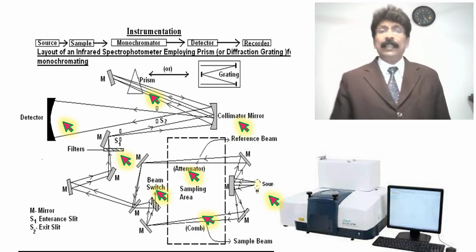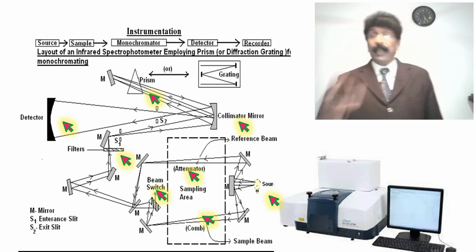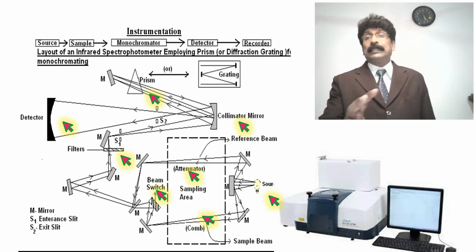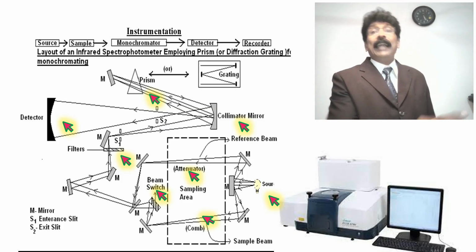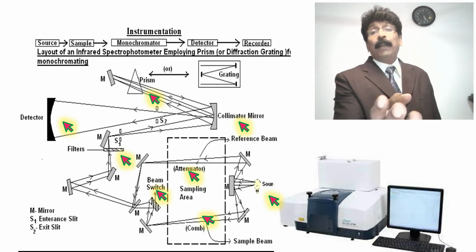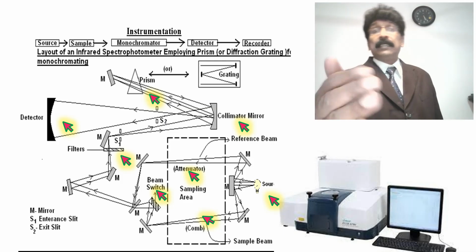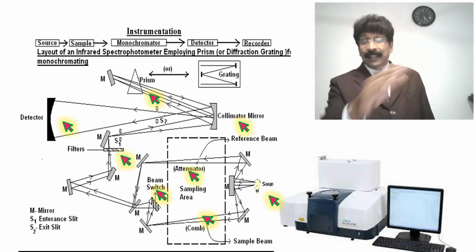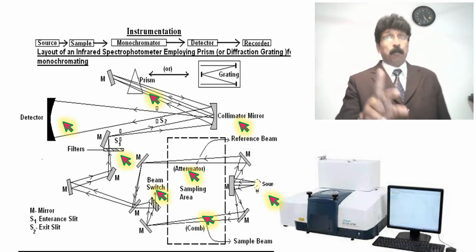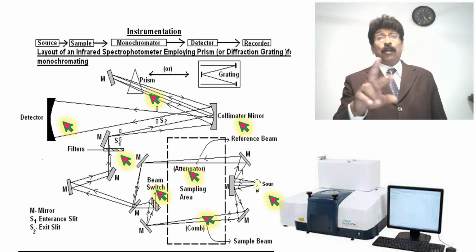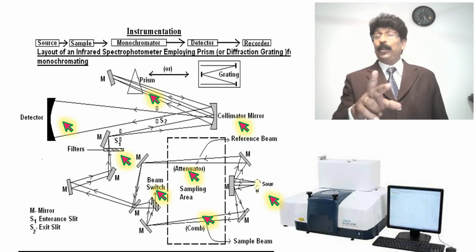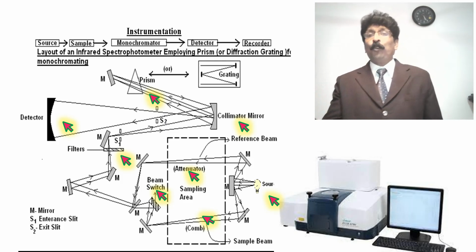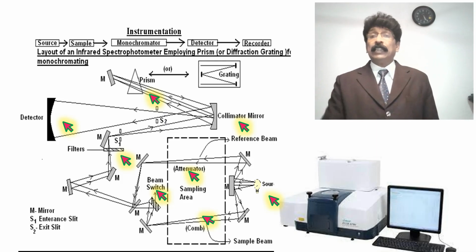Here the sample is kept first, IR falls on the sample, and then the light emitted after vibrational or rotational energy changes is taken by the monochromator, and then the detector. The system is opposite to what you did in UV spectrophotometry.